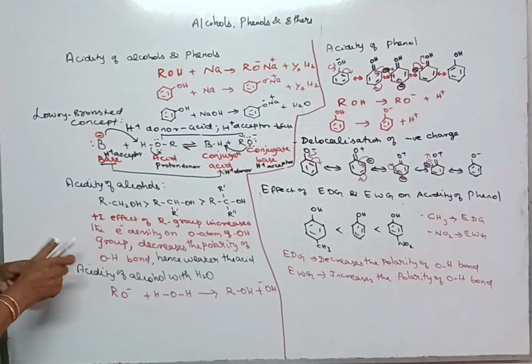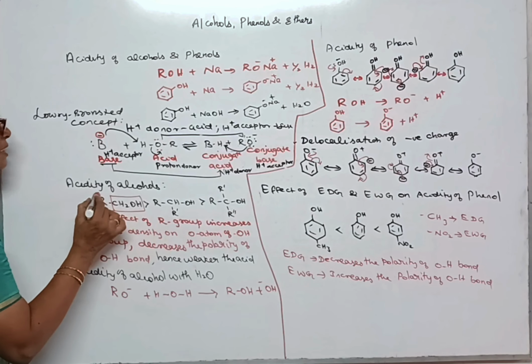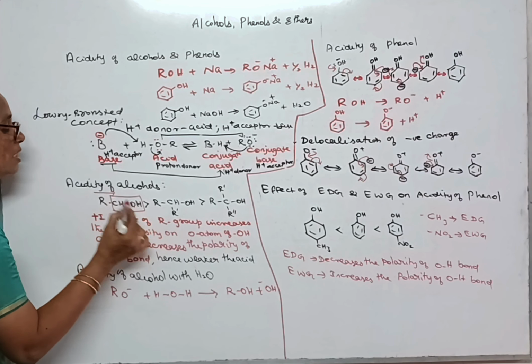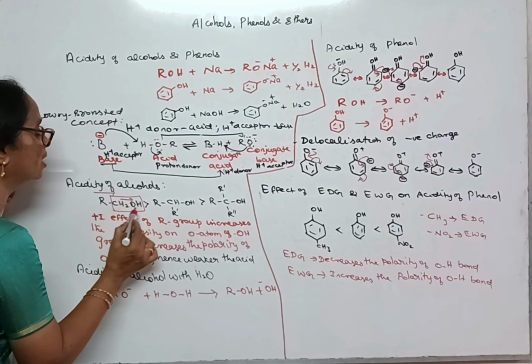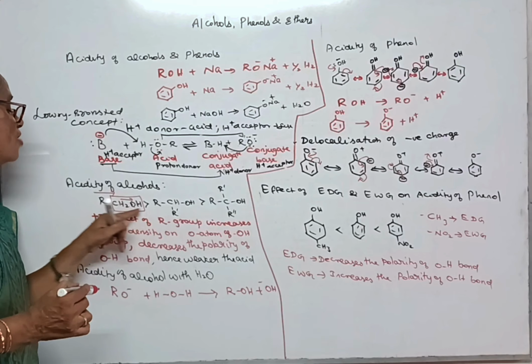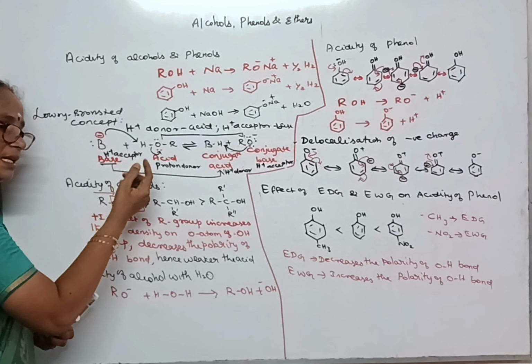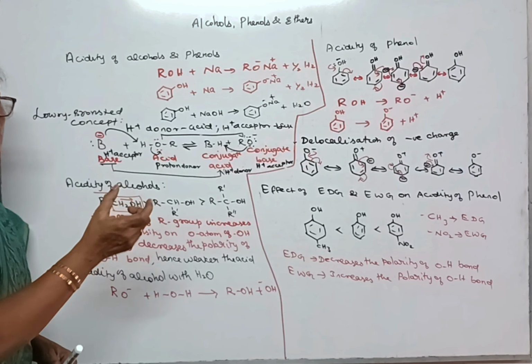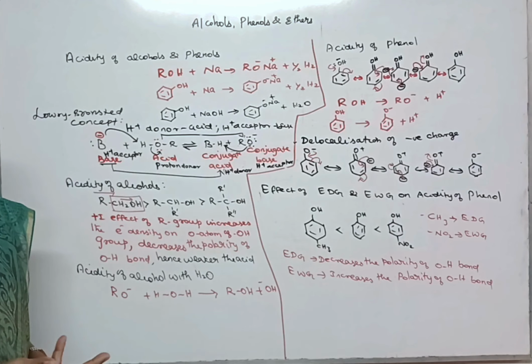We take the primary alcohol, which has one alkyl group that releases electrons towards the oxygen atom and hence increases the electron density of oxygen of the OH bond. When the electron density of oxygen increases, the OH bond becomes stronger, so the hydrogen cannot be released easily.